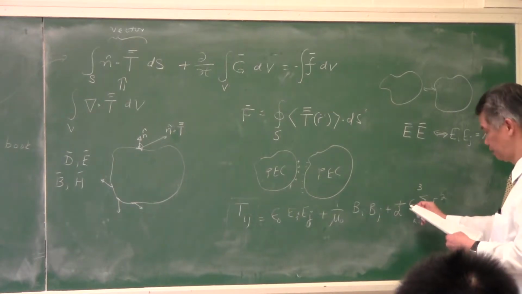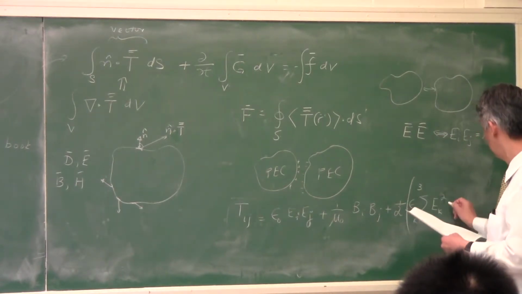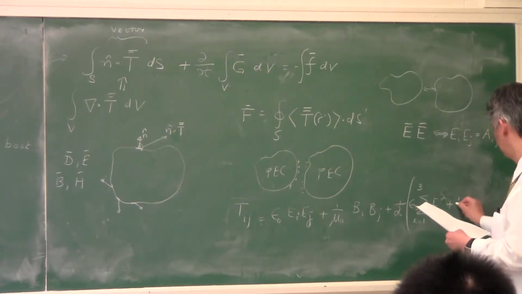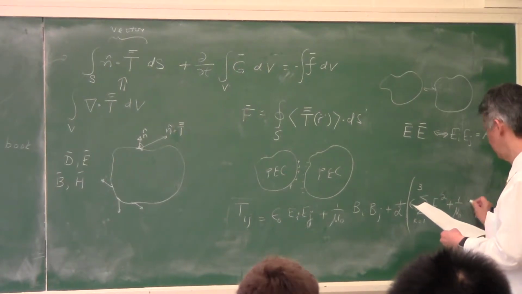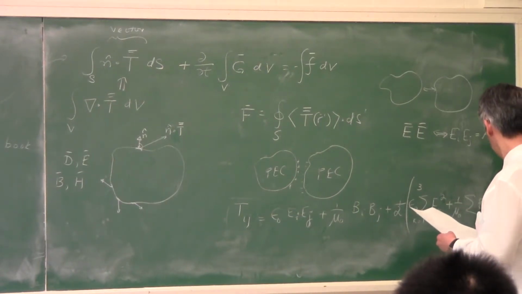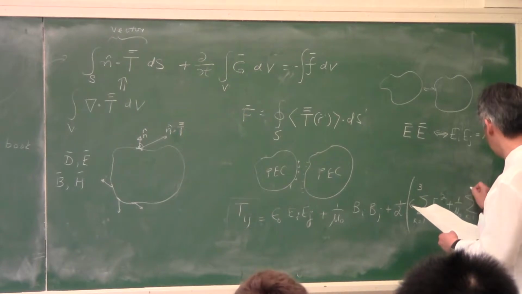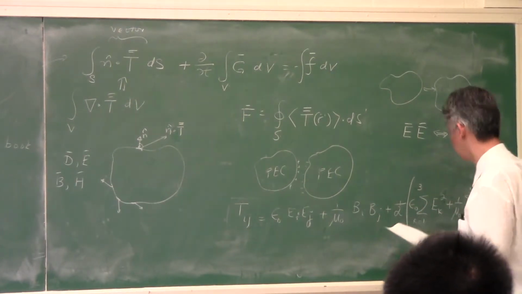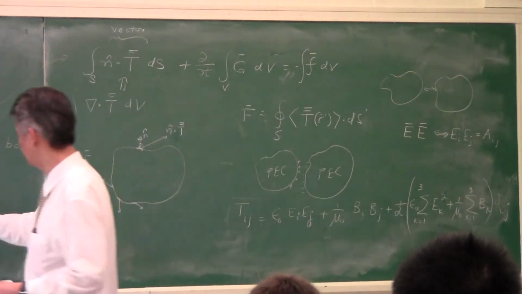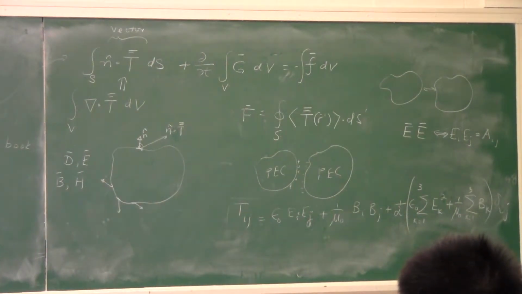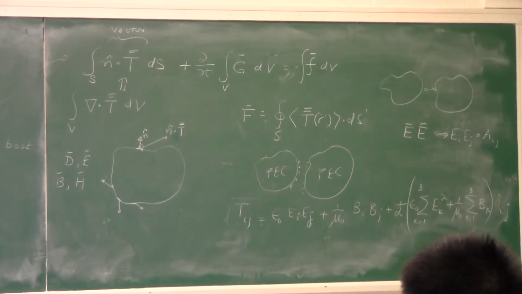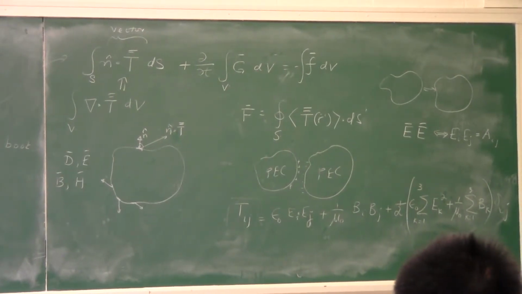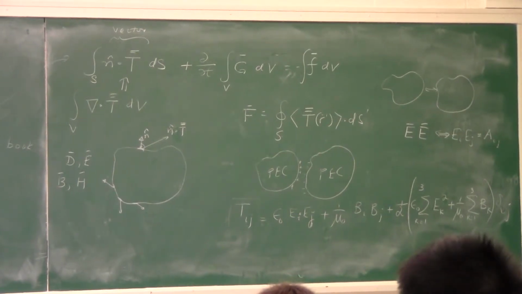And then you have another term that comes from another inner product, the sum over k equal to 1 to 3, times delta ij. Delta ij is this other tensor that you have over there. So those are the stress tensors that I did not derive, but you can look them up in any classical electromagnetic textbook. You'll find this stress tensor derived.